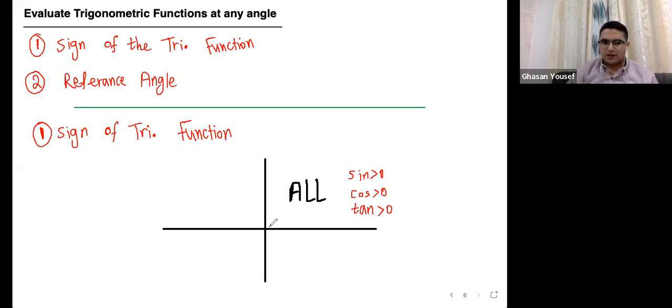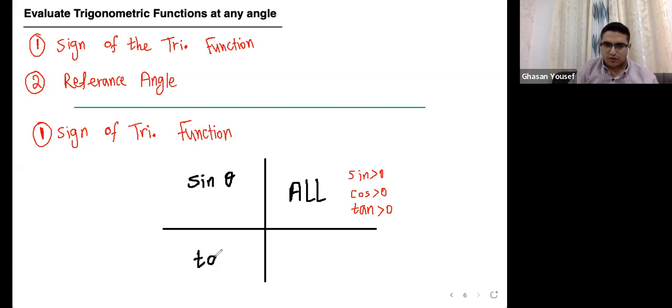For the second quadrant, if my angle is something like this in the second quadrant, you should know the only function that is positive is the sine. The only function that is positive in the second quadrant is the sine function. Now for the third quadrant it is the tan.